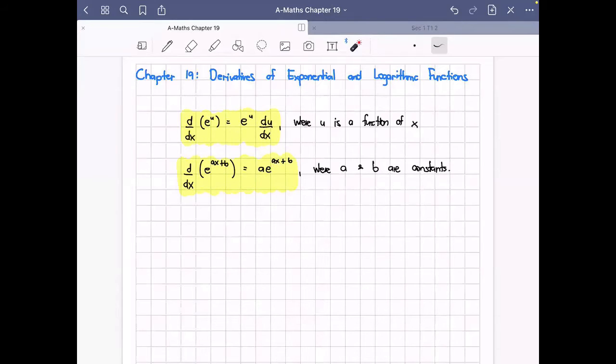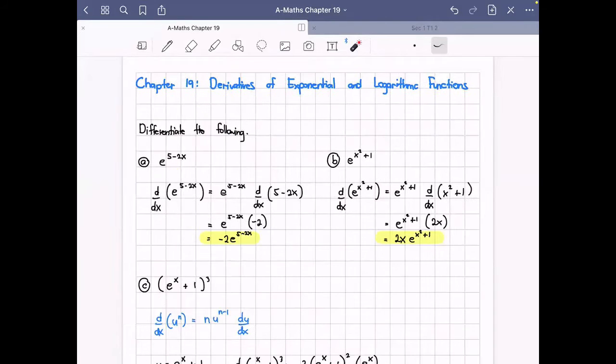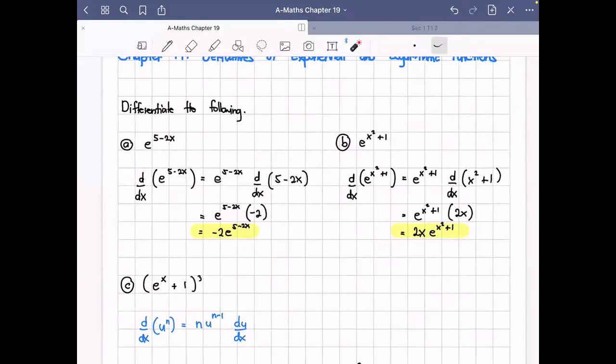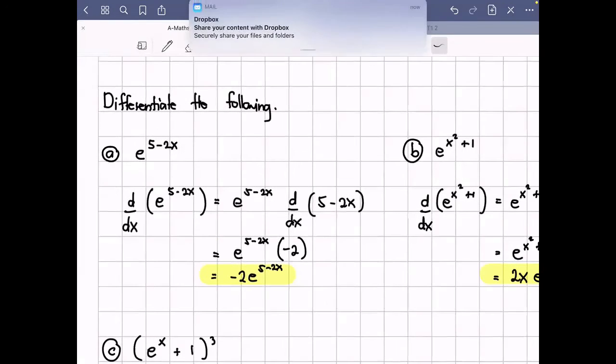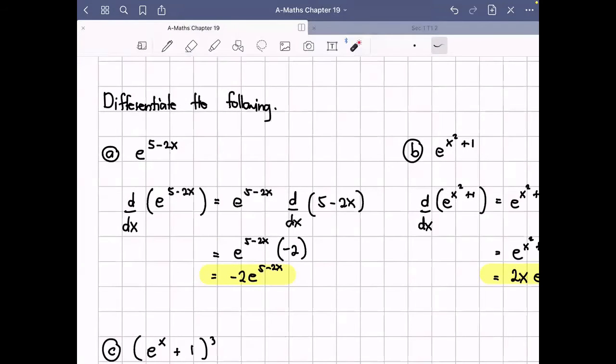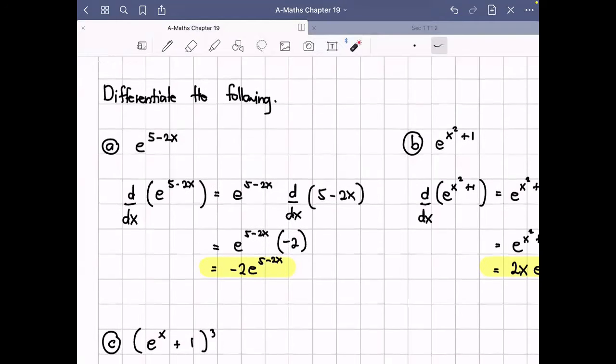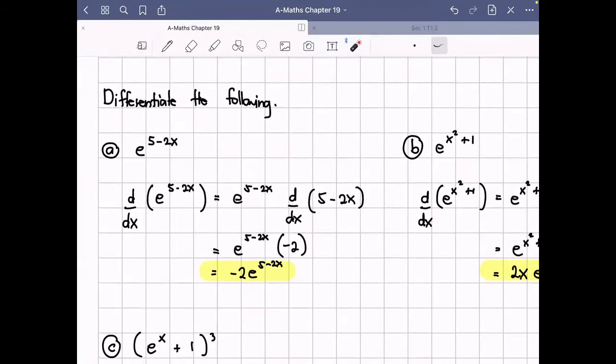So let's have some questions applying these concepts. Here, we have letter A. Let's differentiate the following. What if we have e raised to 5 minus 2x?